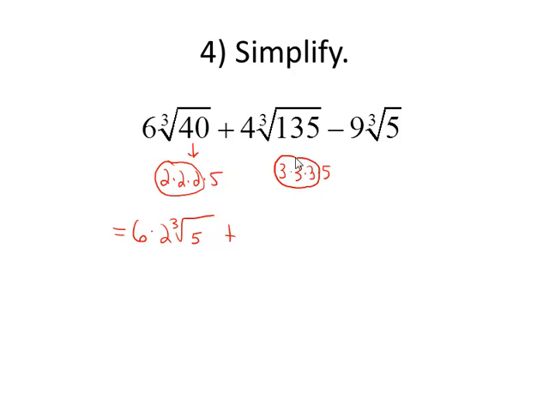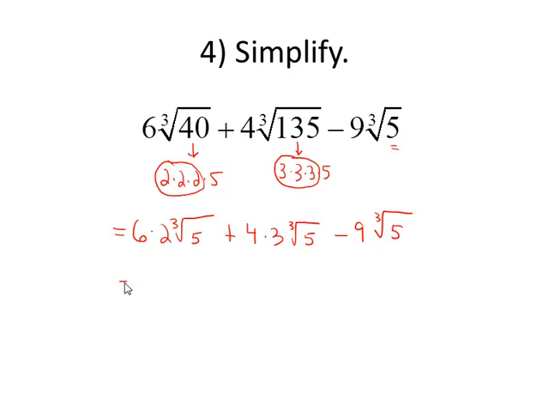So that repeated factor of 3 gets moved to the front. That's 4 times 3 cube root of 5. The third radicand is already as simple as that's going to be, so I'll just copy that down. Minus 9 cube root 5.